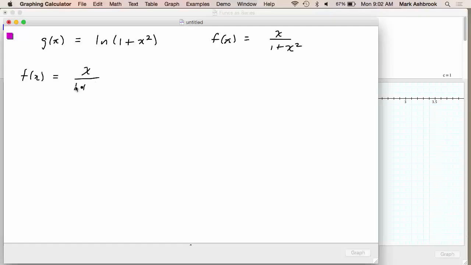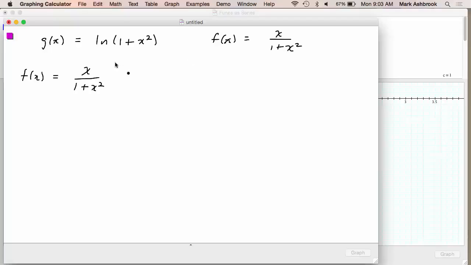So that when we do the antiderivative, it's convenient, right? So the antiderivative of that will be a lot like natural log of 1 plus x squared. So if we can find the power series for x over 1 plus x squared, then we'll take the antiderivative of it, and we'll have something very close to g. And we'll just have to clean up the mess a little bit, right?